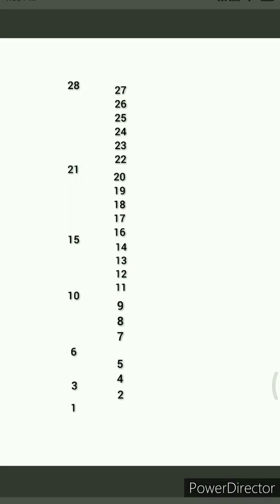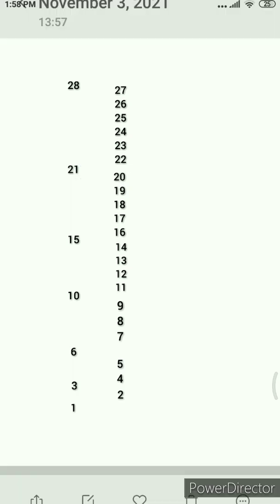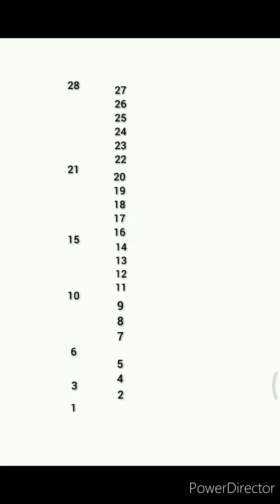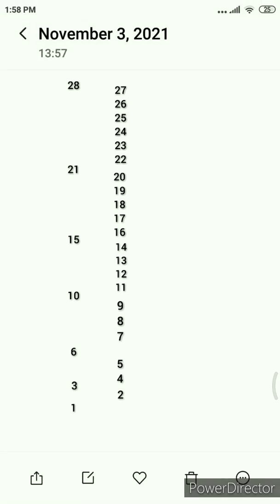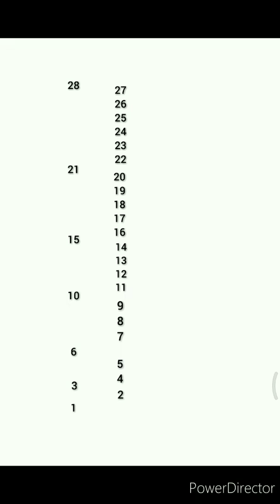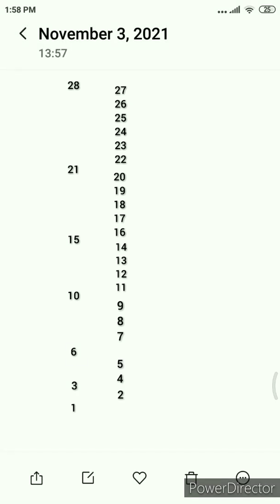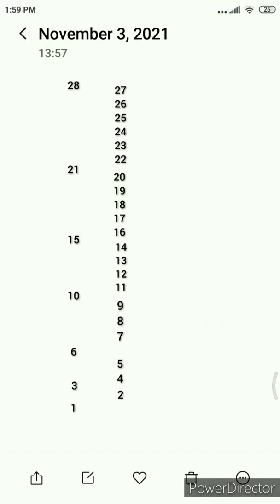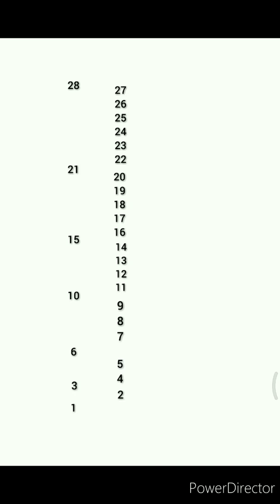So under 21, 1, 2, 3, 4, 5, 5 emanations are under 21. So naturally under 15 there will be 14, 13, 12, 11. Under 10, 9, 8, 7 will be there. Under 6 it will be 5 and 4. Under 3 it will be 2. So 1 is 1, of course there is nothing below 1.